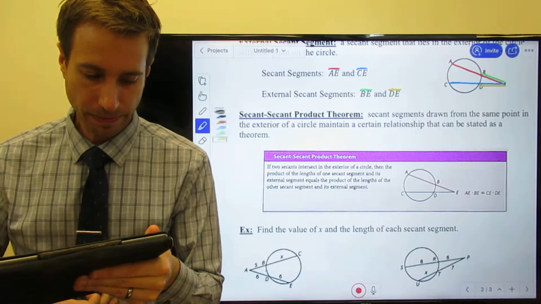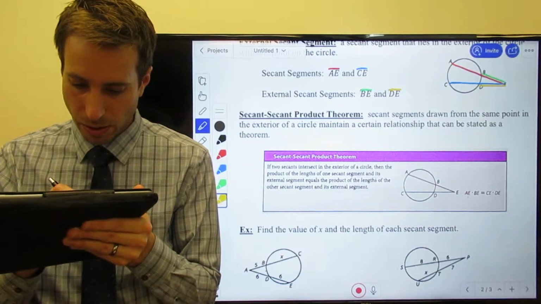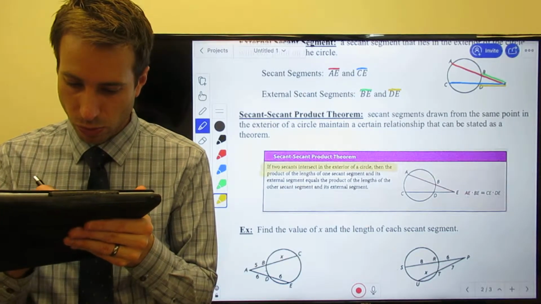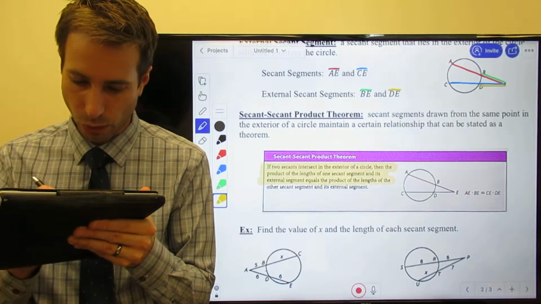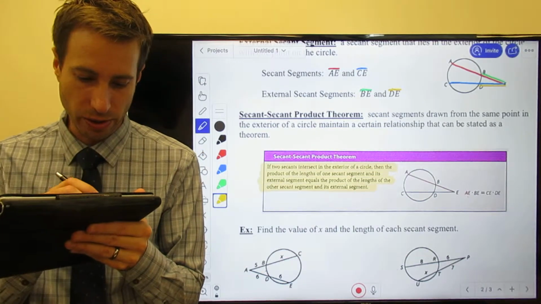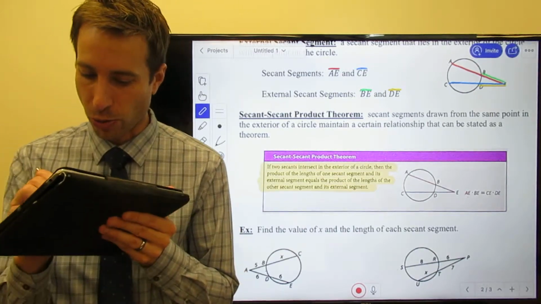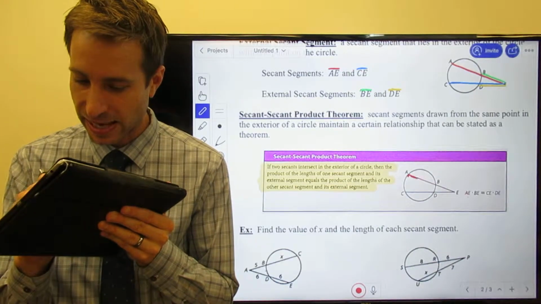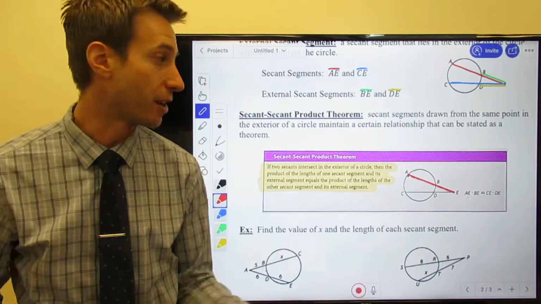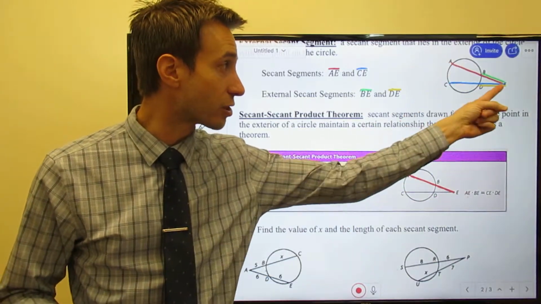Here's the way it works. Ton of words, but that is actually not too terribly complicated. Again, I have my secant segment AE. There it is, secant segment AE, just like I had up here.